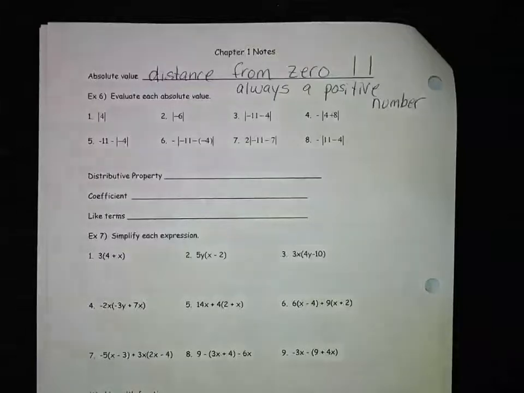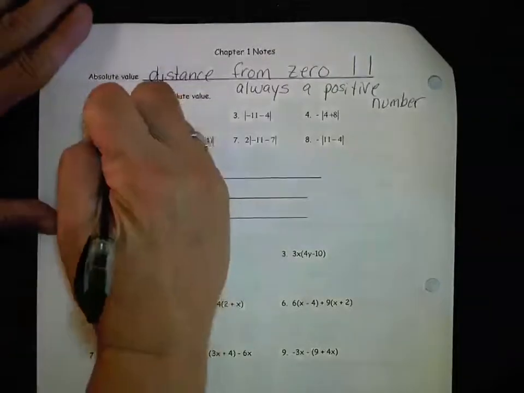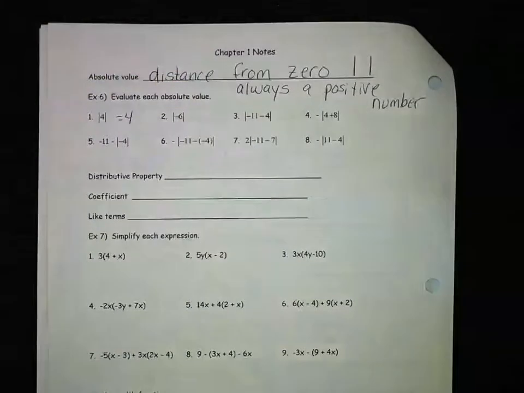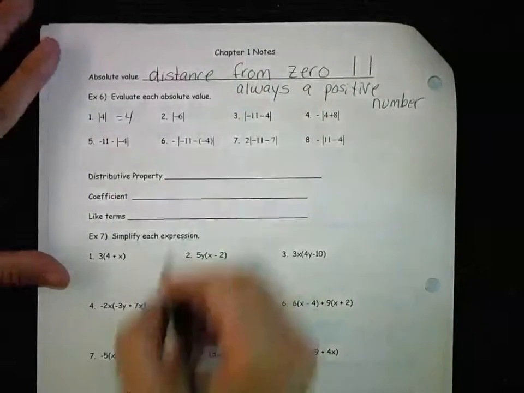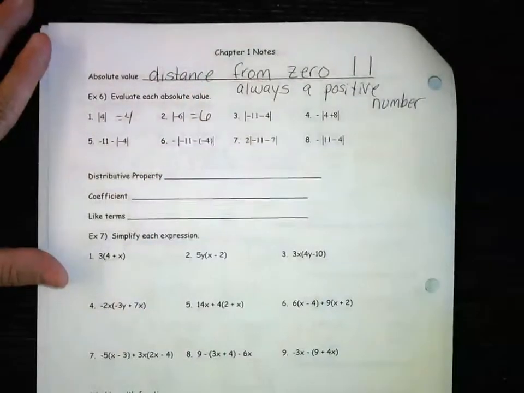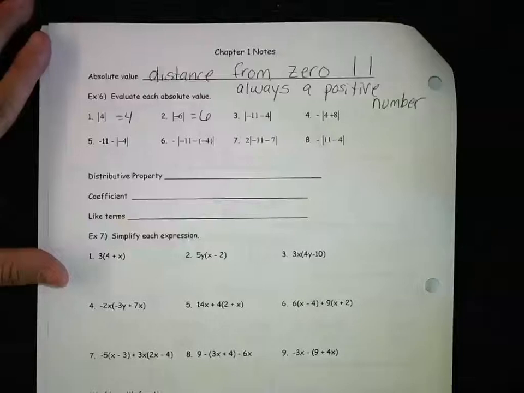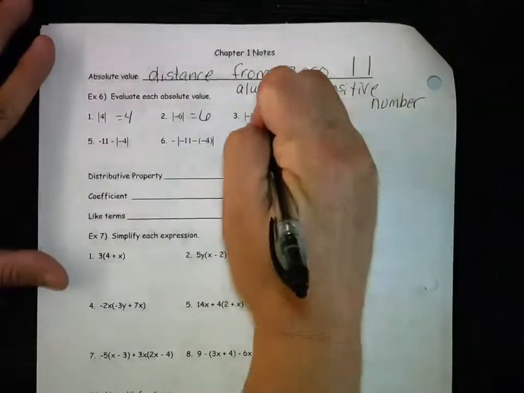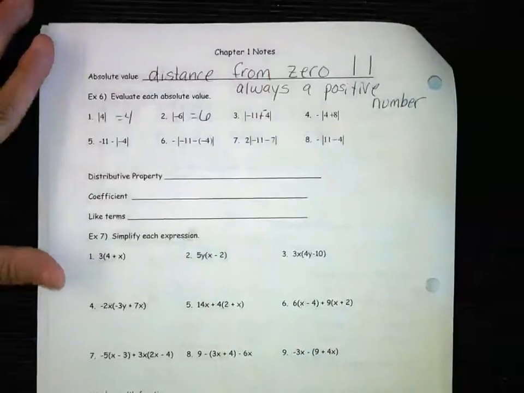First one is the absolute value of 4. We're just going to make that a positive, which is a 4. Next one, absolute value of negative 6. Make it a positive, and it's 6. Number 3, we need to do negative 11 plus a negative 4.